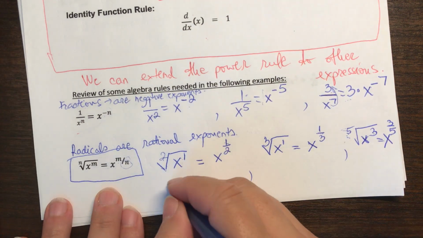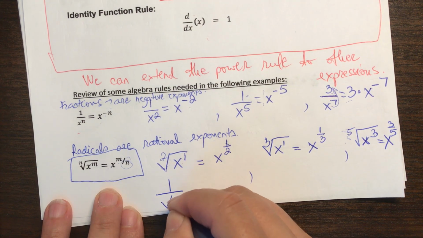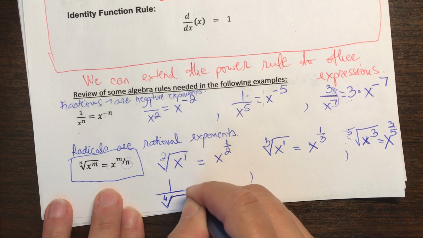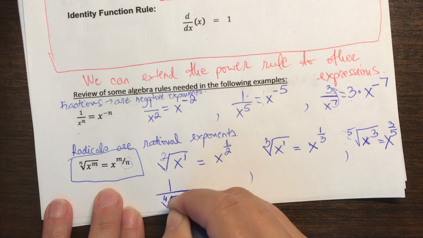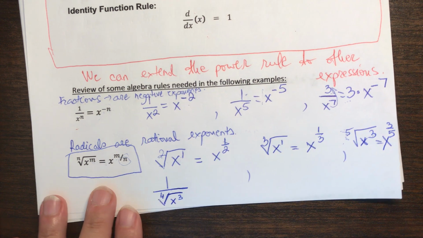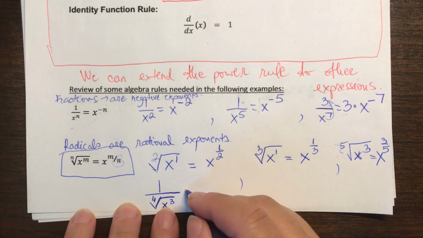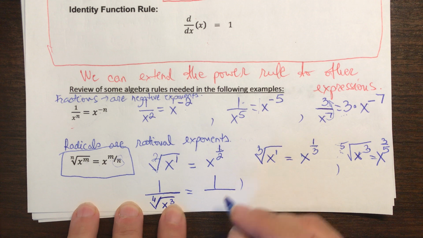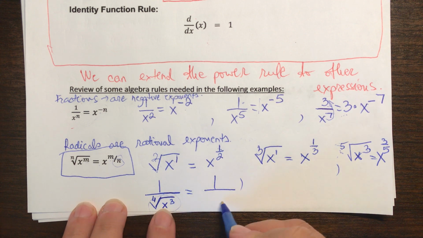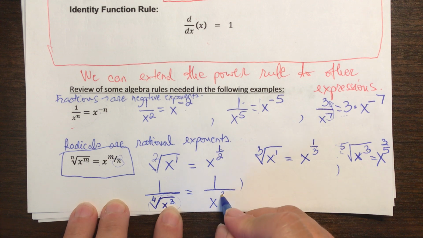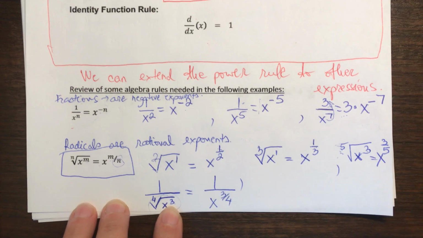Now, very well, let's try this fancy one. Let's put a 3 here too. How would I rewrite that? Well, first of all, this is a 1 over. How do I rewrite this part here? This is an x to the power of 3/4, yes?